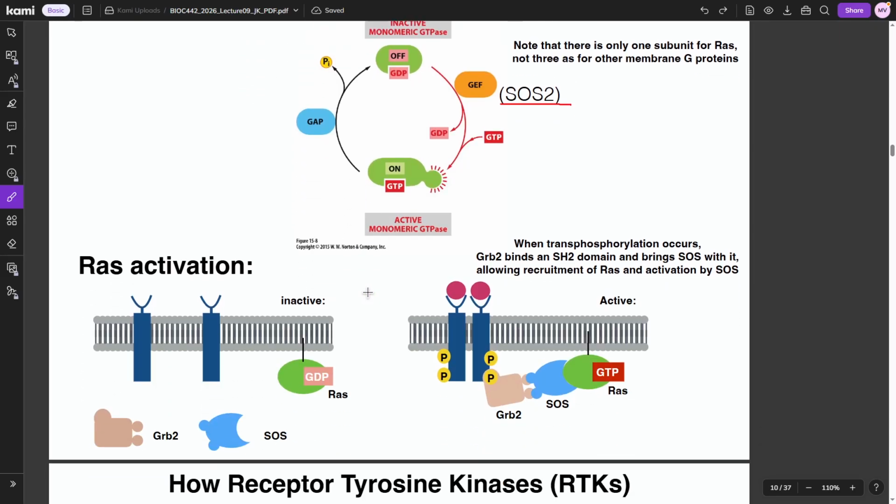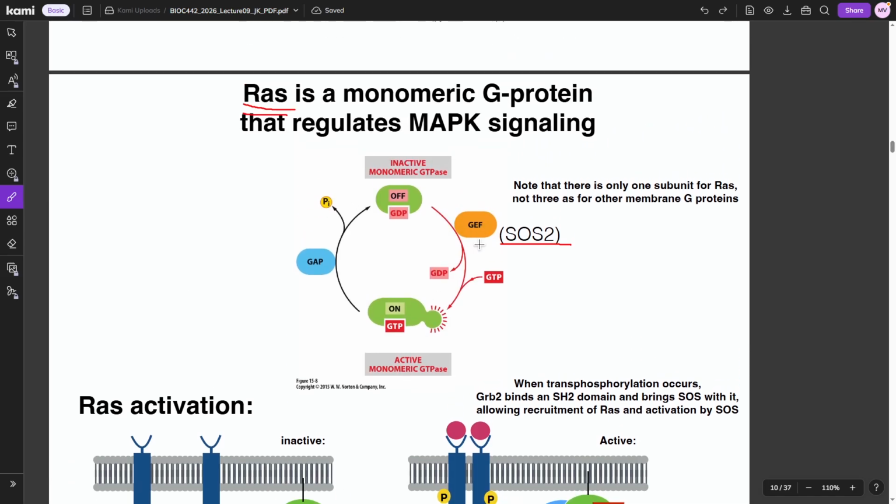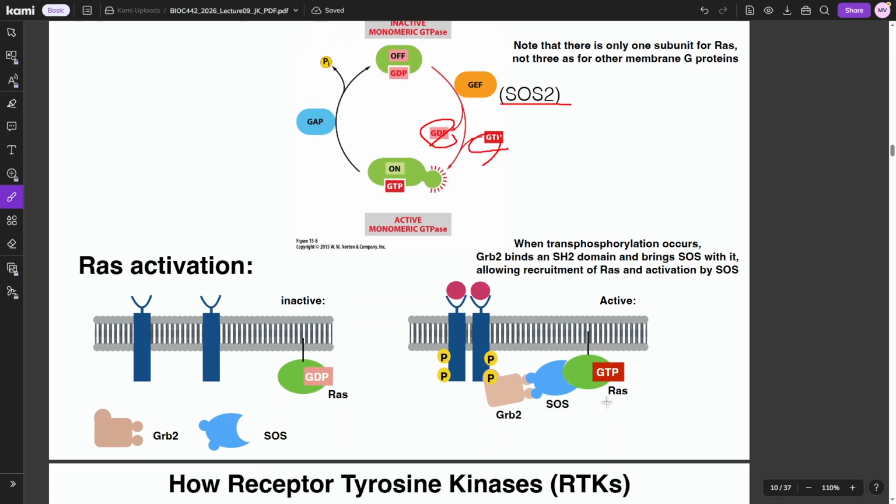Basically what ends up happening with a lot of these RTK complexes is, once you bind your ligand and dimerize and they trans-autophosphorylate, GRB2 will bind to its specific site on the RTKs, and then that will attract the SOS, and the SOS will then act as a GEF for the RAS that is inactivated, and so it'll replace the GDP with a GTP and turn this RAS into an active form.